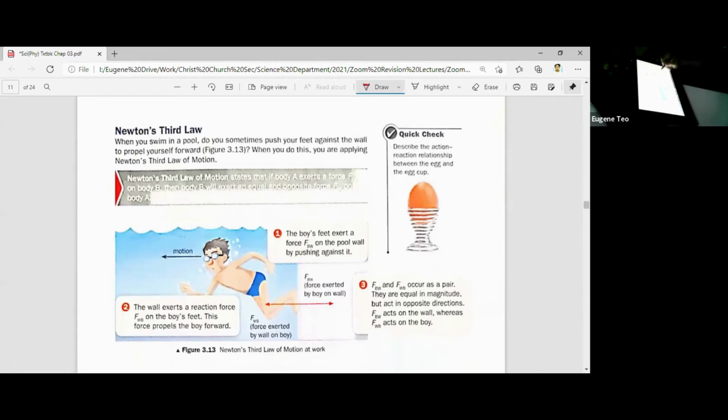Newton's third law states that if body A exerts a force on body B, then body B will exert an equal and opposite force on body A. So for example, the leg exerts a force on the wall. Because the leg exerts a force on the wall, the wall will exert an equal but opposite direction force on the feet of the boy.